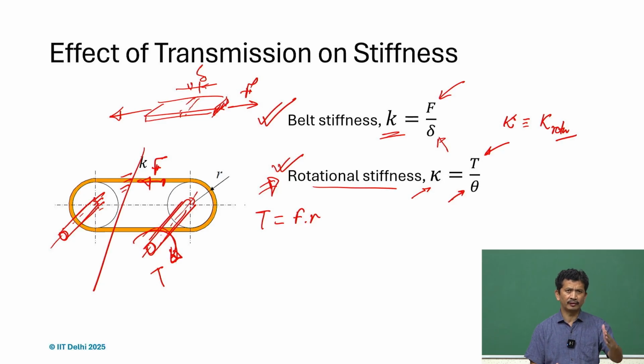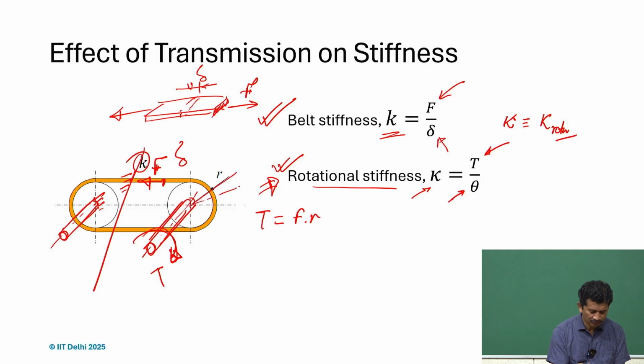If this end is fixed and we apply the torsional load, the torque, then because of the stiffness K there will be an extension, which is delta here. Because of that elastic deformation delta there will be a rotation theta also. So, that is also related, and delta is theta times R.